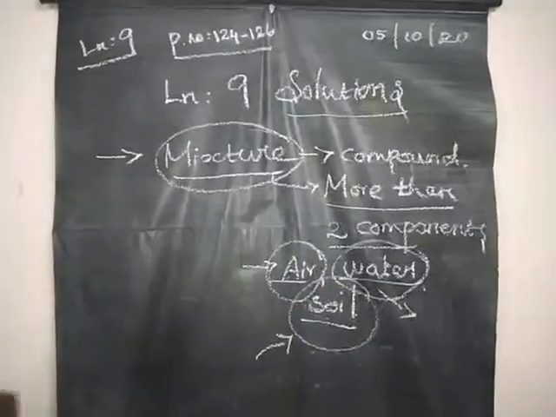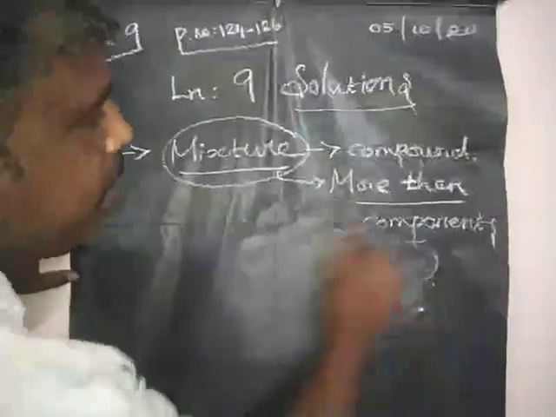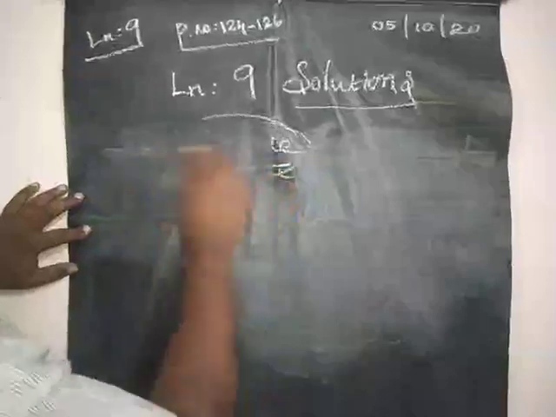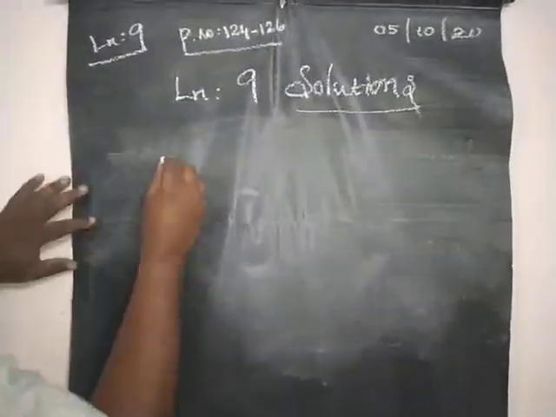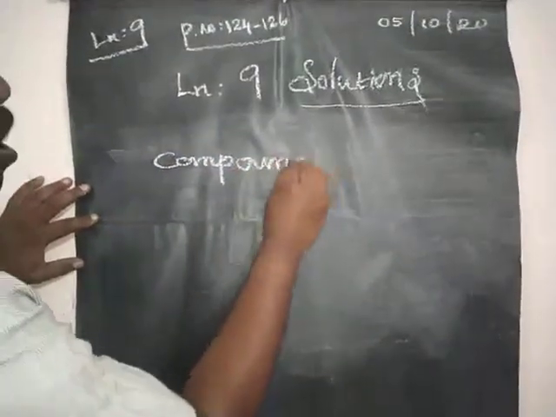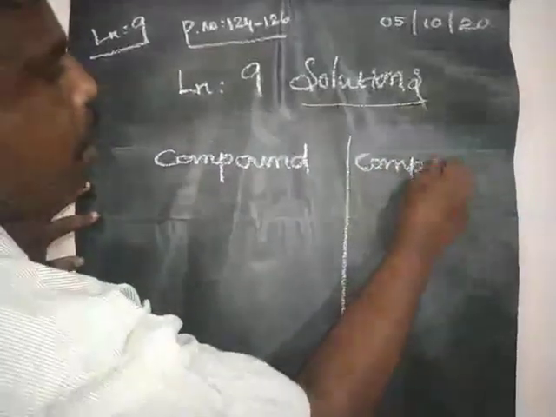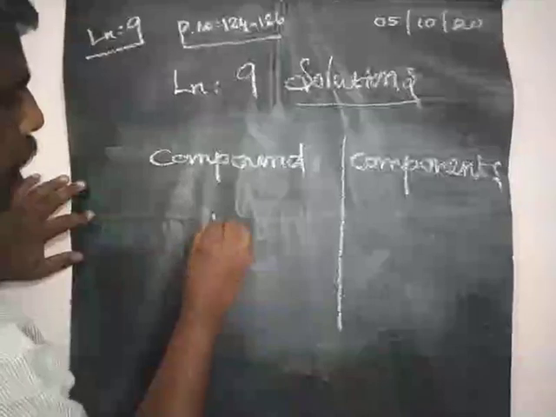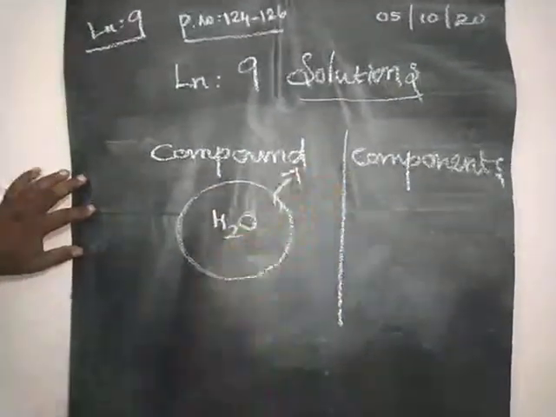Next, what is the difference between components and compound? Water is an example of a compound.